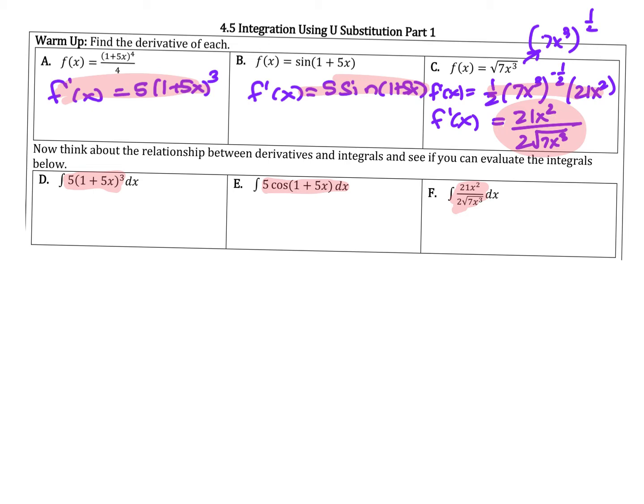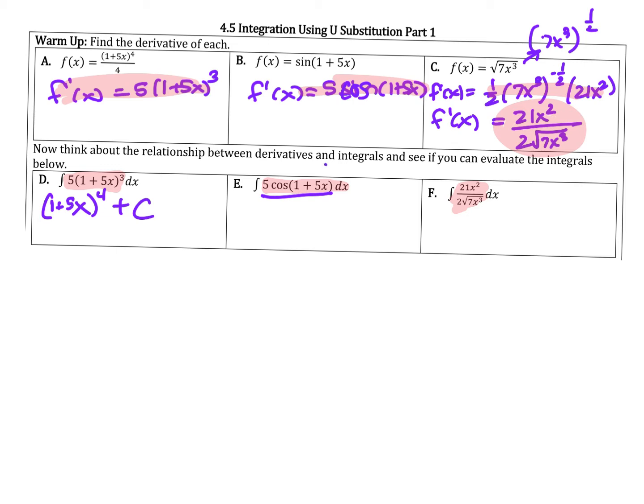So hopefully you notice that what I see there on the inside is the derivative of, for part D, part A, which means if I undo the derivative, what I have here is what I originally had in part A, but I'm not going to forget my plus C. Similarly, for E, what I have here is, this should say cosine, shame on me.